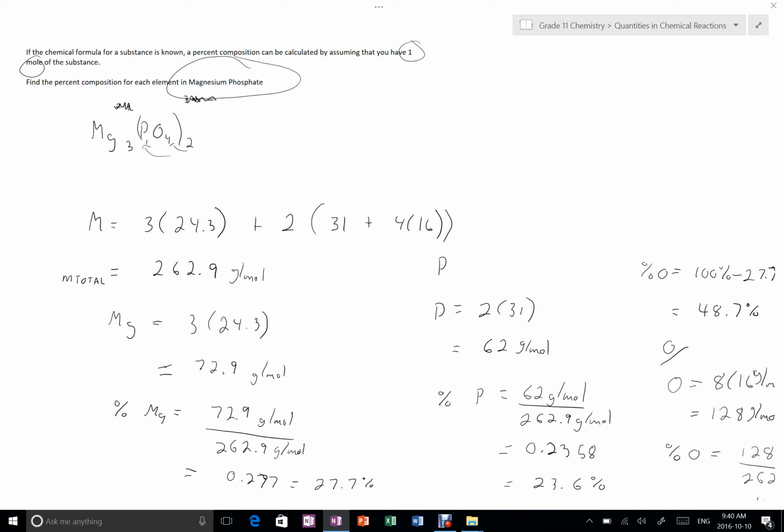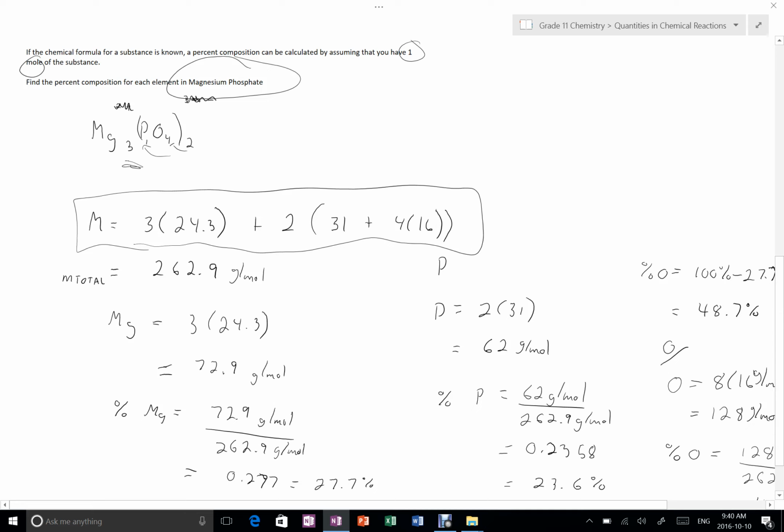For example, if I look at magnesium here, I have three magnesium atoms in every lowest ratio in this ionic compound. So when considering the total mass, I have to find the total molar mass of the compound in the way that I usually do.